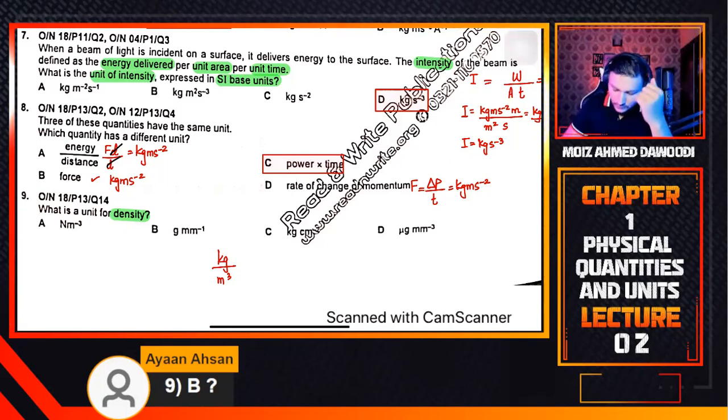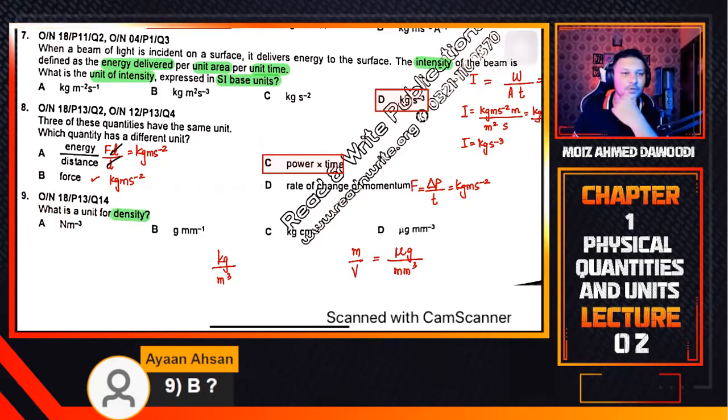How? Microgram per millimeter cube. So here it's mass, here it's volume. This is how D should be the answer.